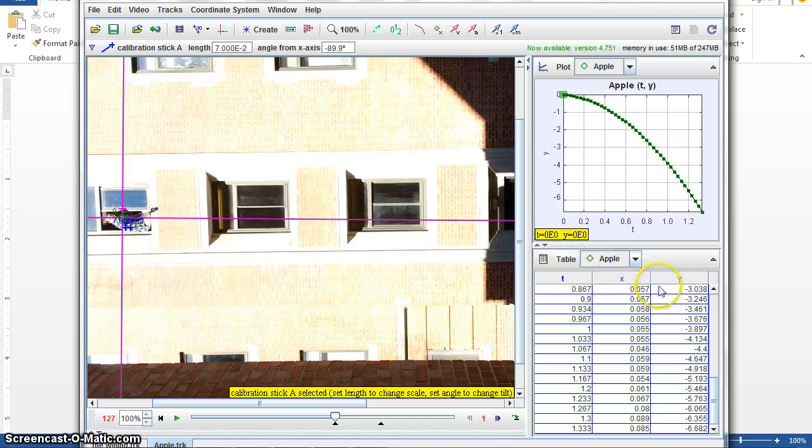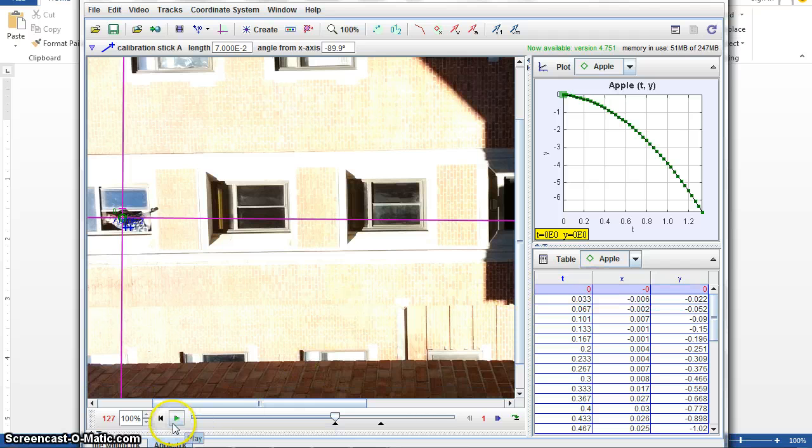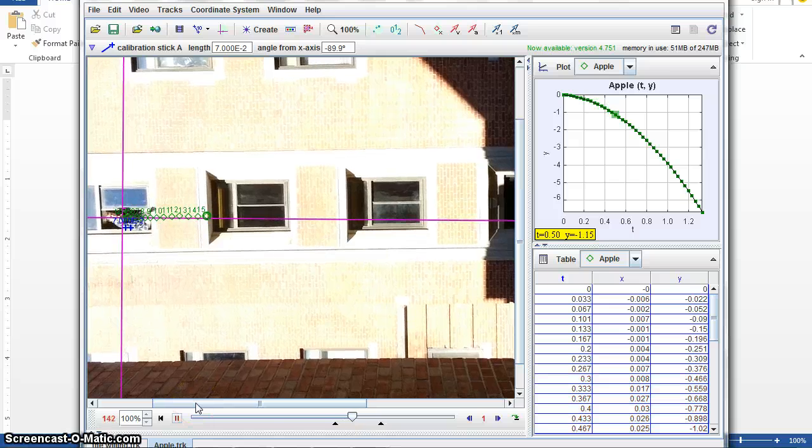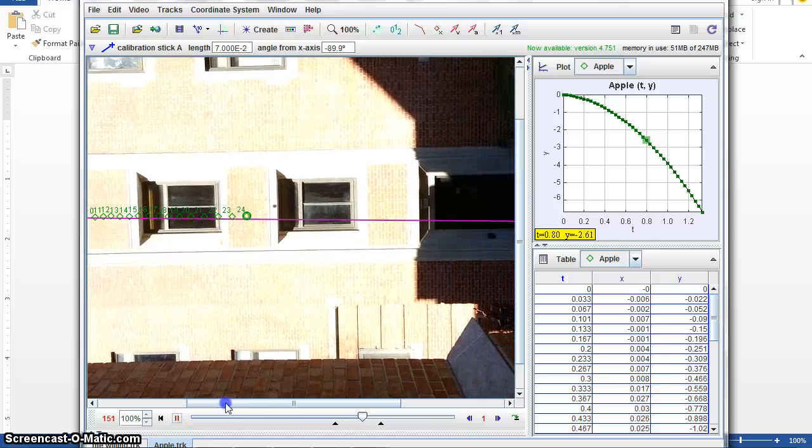I oriented it so that the origin is the initial position, and since the criteria was that it was at rest, the initial velocity is also 0.